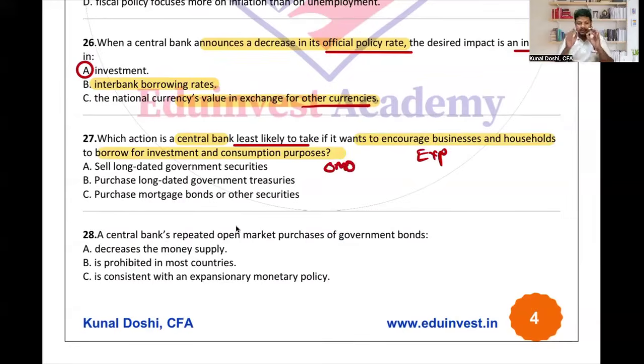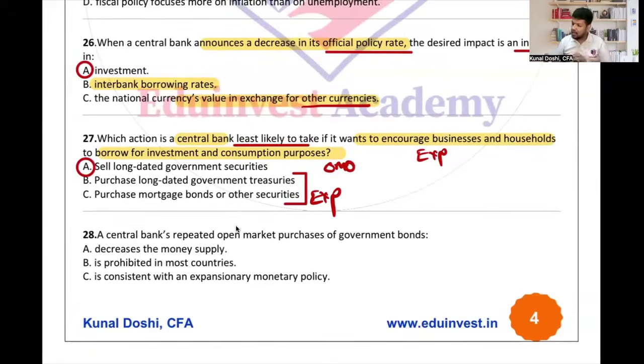So when the central bank sells the bond to the banks, it will suck the money from the system. That's expansionary? No, that's contractionary. So this is wrong. They want to encourage, so this cannot be done. Purchasing is expansionary. Purchase mortgage bonds, these both are expansionary. Understood? Everyone? Check, confirm.